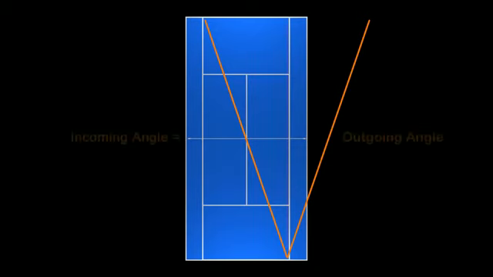So the incoming angle equals the outgoing angle. You have to compensate for this tendency with your racket, and that is very difficult to do and to time. That's why players will so often miss wide in the doubles alley. When you hit cross court, that's not the case, and it's much safer to hit cross court therefore.